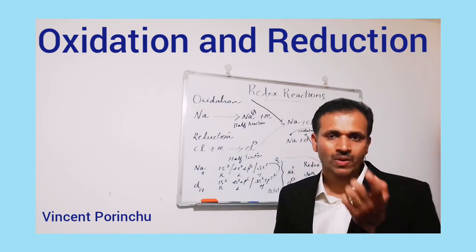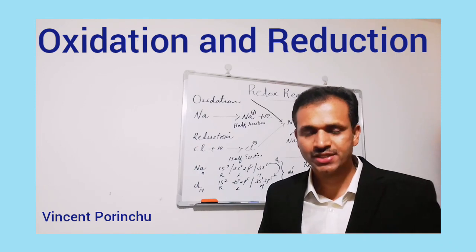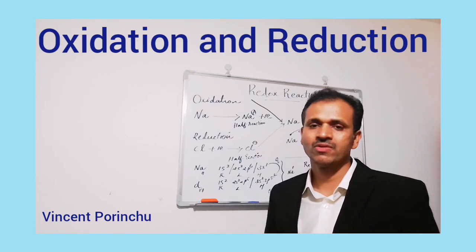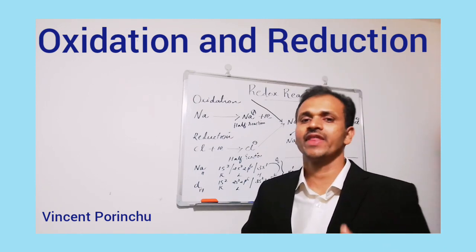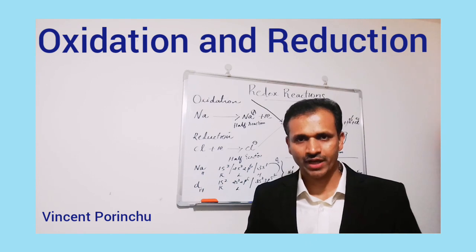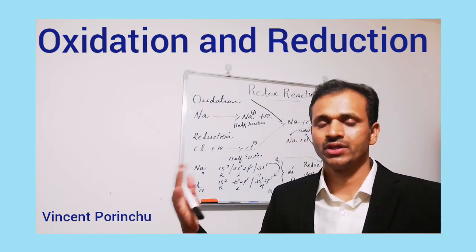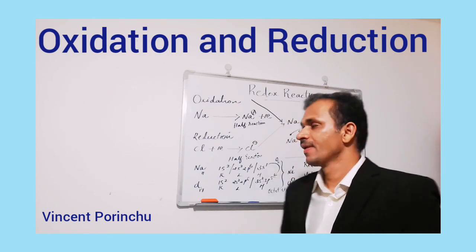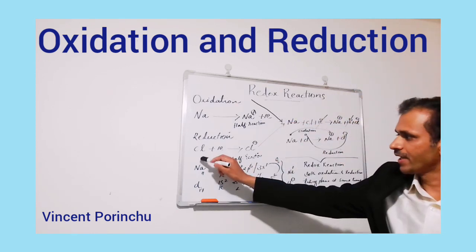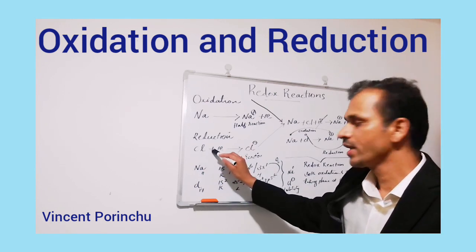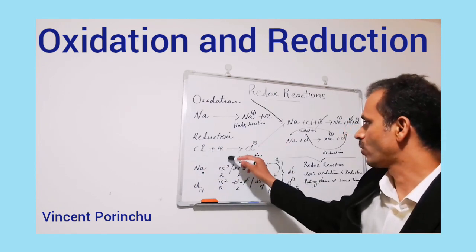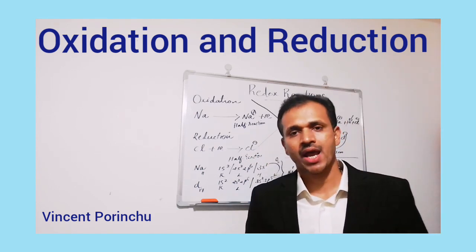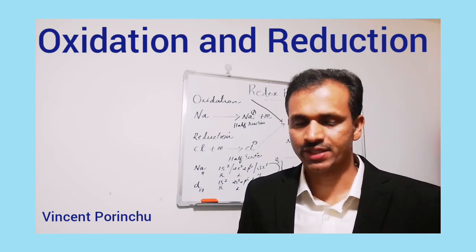So sodium and chlorine have a tendency to become Na positive and Cl negative ions respectively because of the octet stability of those ions. This step, Cl plus 1 electron gives Cl negative, is also a half reaction. So basically oxidation and reduction are half reactions.